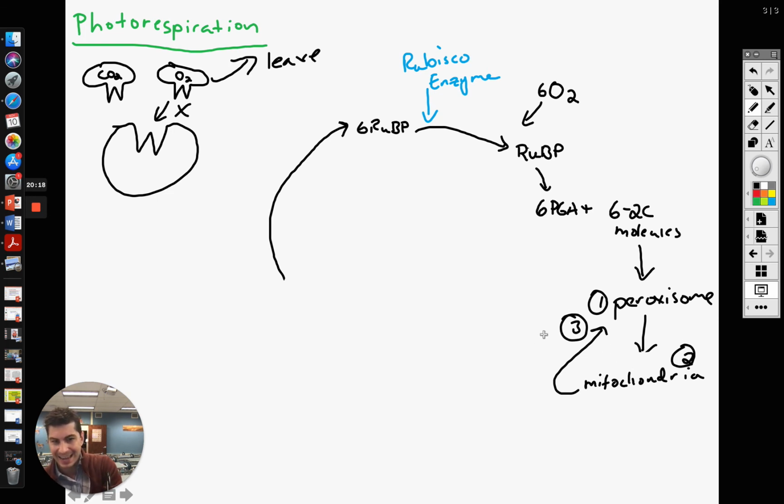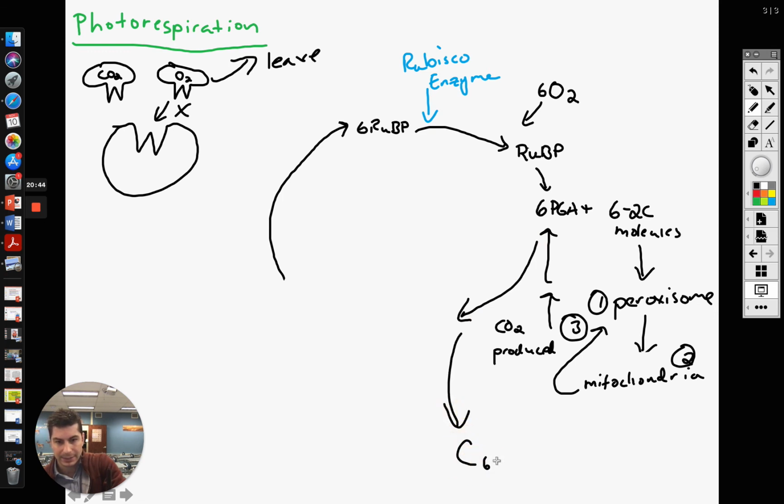Then, after that, what can happen is that peroxisome can make CO2, given that, okay? And then it can go back to our PGA and continue through the cycle, and we can still get our C6H12O6 out of it, okay?